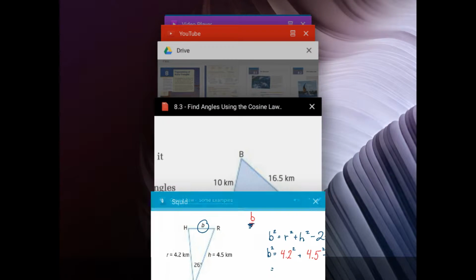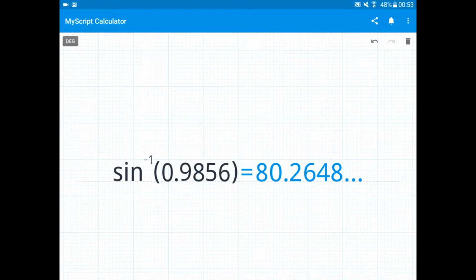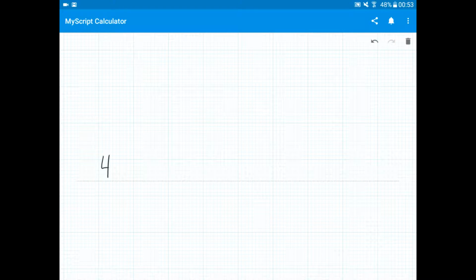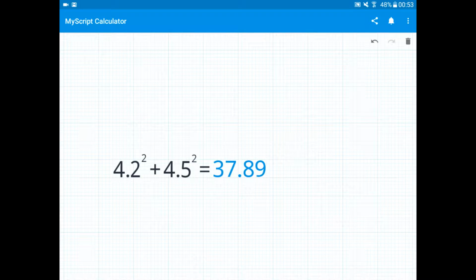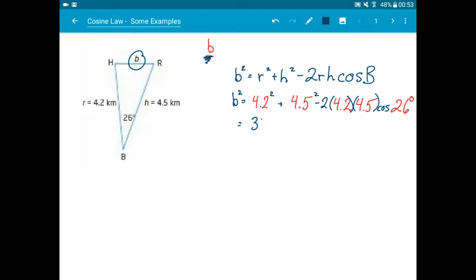So let's jump over to our familiar calculator. 4.2 squared plus 4.5 squared equals 37.89. So let's write that in. So we have 37.89, and that's these two put together.